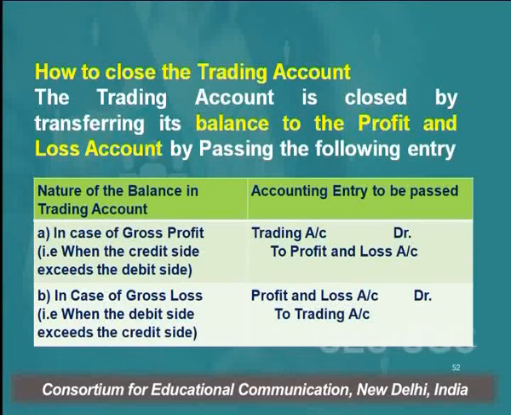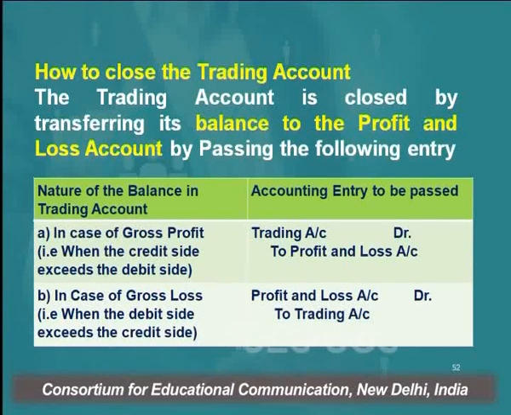So how to close the trading account? To close the trading account, the balance of this trading account is transferred, which is the gross profit or gross loss. This balancing figure is transferred to the next account, which is the profit and loss account. The first case is in case of gross profit. Gross profit arises when the credit side exceeds the debit side.